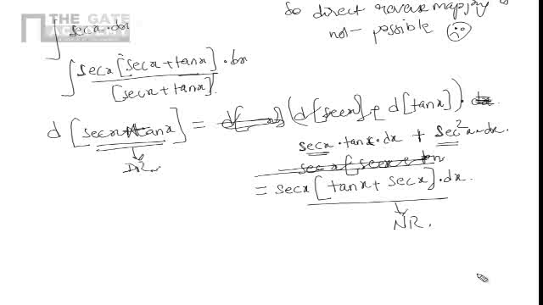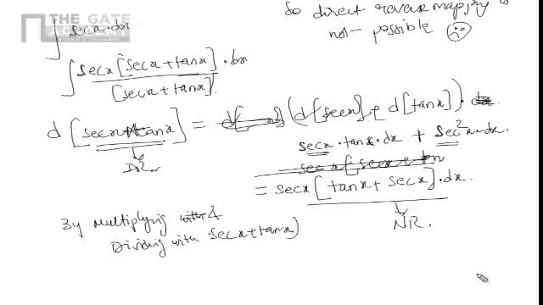So by multiplying and dividing with sec x plus tan x, it makes the derivative of the denominator present in the numerator.